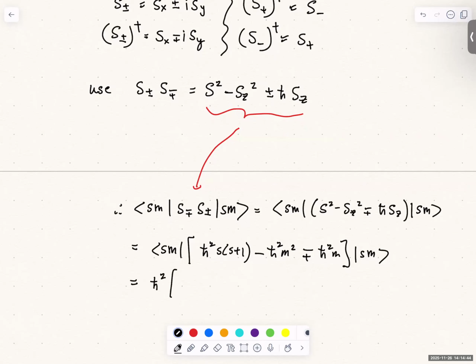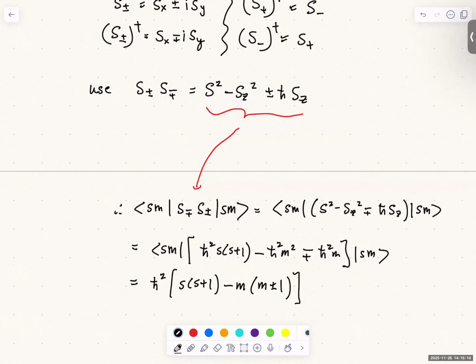Every term in here has an H bar squared, so I'm going to factor it out. And then we have S plus 1 minus, then we have m and m squared. So I can factor out 1m, and we'll get an m, and it should be plus or minus 1.